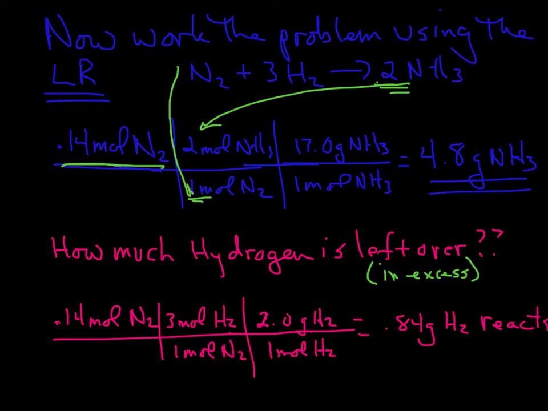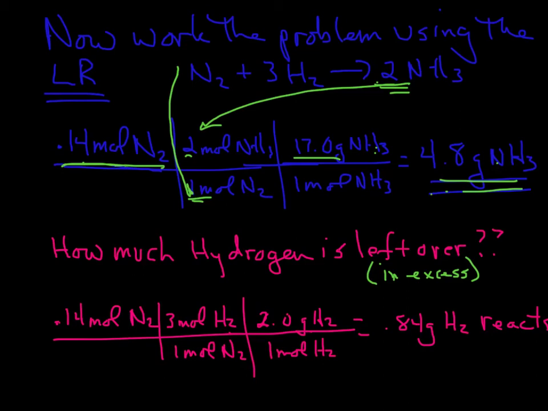That's coming from right there. And then this is the molar mass of ammonia, 14 for the nitrogen and 1 for each of the 3 hydrogens. That's a total of 17. So 0.14 times 2 times 17.0 gives me 4.8 grams of ammonia. That's how much ammonia is produced.